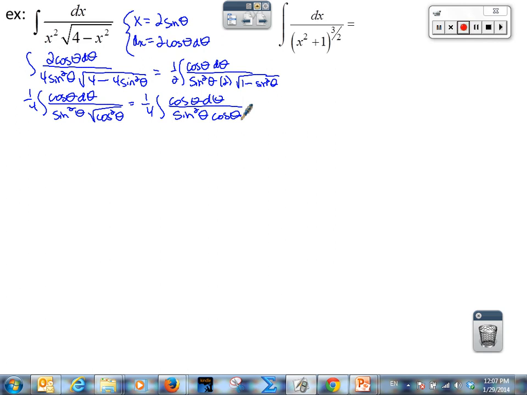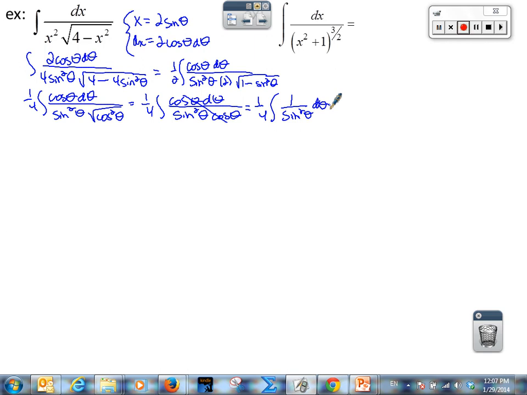At this point, we can see that the cosines cancel, and I'm left with 1/4 integral of 1 over sine squared theta d theta. We can't integrate 1 over sine squared, but we can change it. This is all kind of trig. Everything trig you know you're going to be using in this lesson. So 1 over sine squared is the same as what?